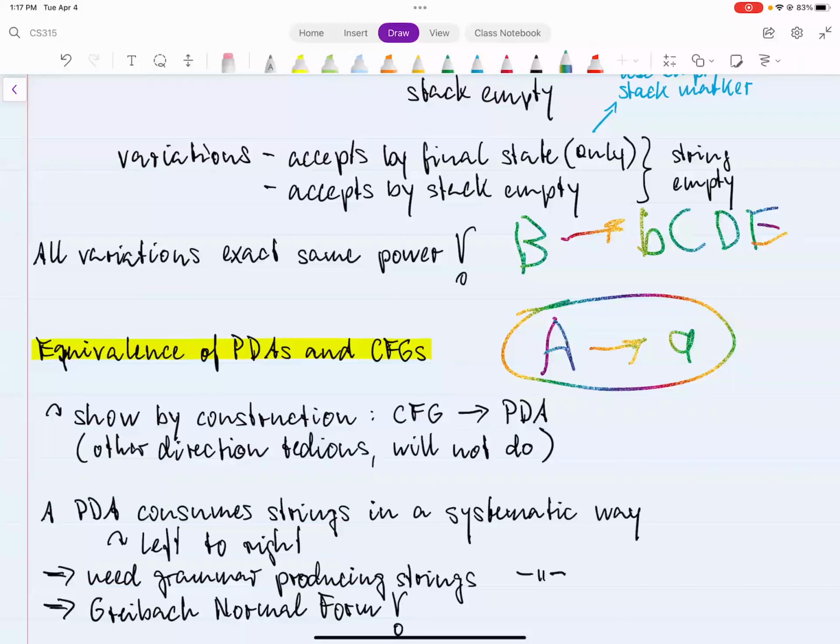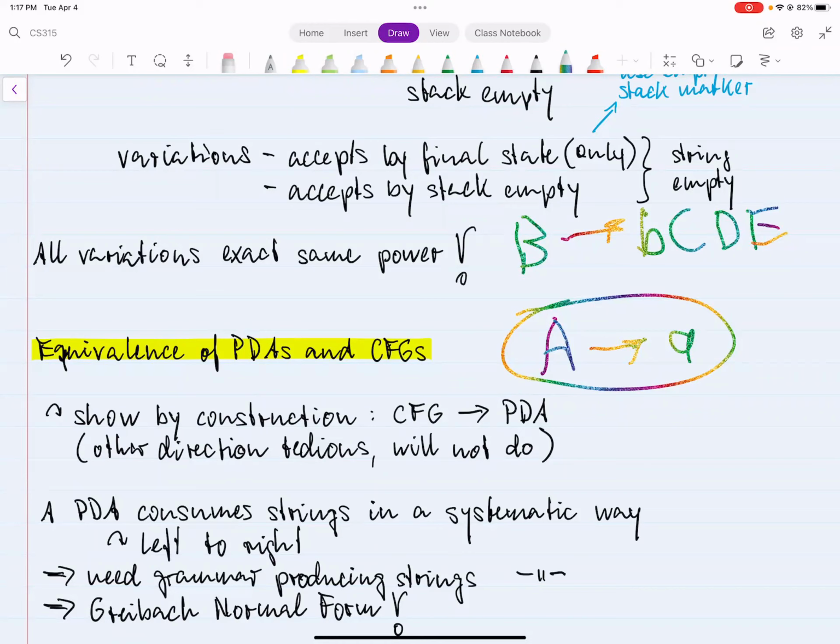Remember, the rule that deviated from what Chomsky normal form looks like was this: you have a terminal on the left and one or more variables following that.